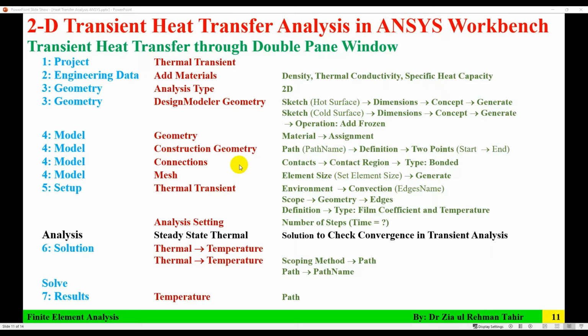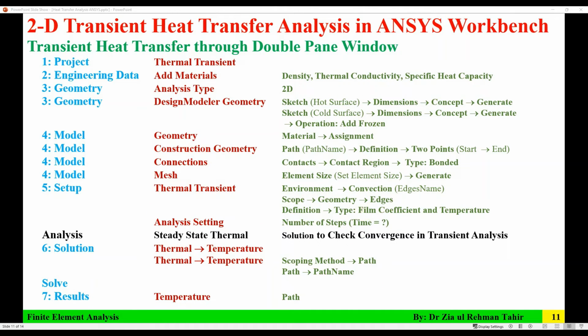For transient analysis, there is one step which is not necessary, but I am going to use it here. So these are the steps which need to be followed, and I am going step by step.